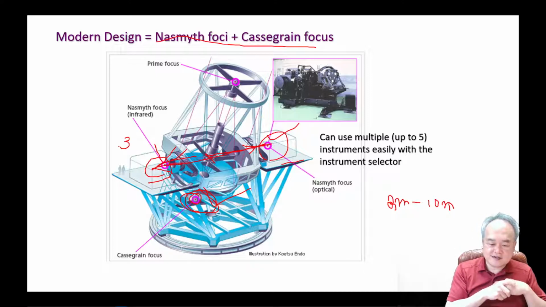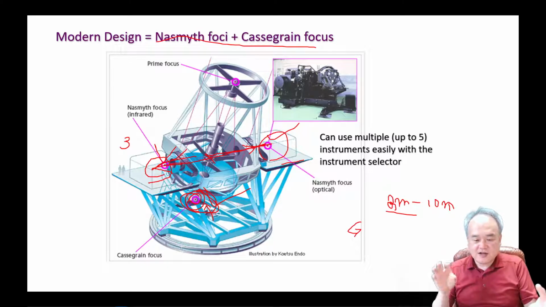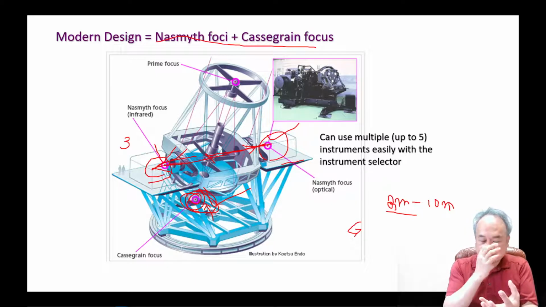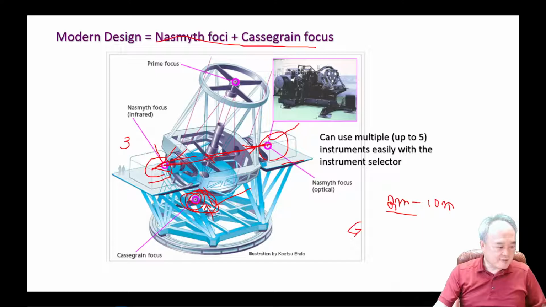By selecting the tilted tertiary mirror, and by adding more, such as on the Gemini 8-meter class telescope, there's a Cassegrain instrument selector, which also utilizes a rotating tilted mirror. They allow up to 5 instruments attached at the same time.